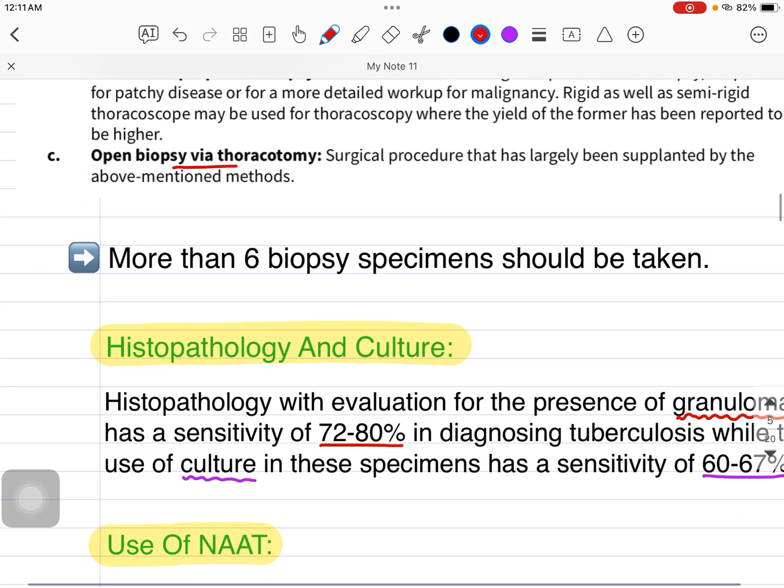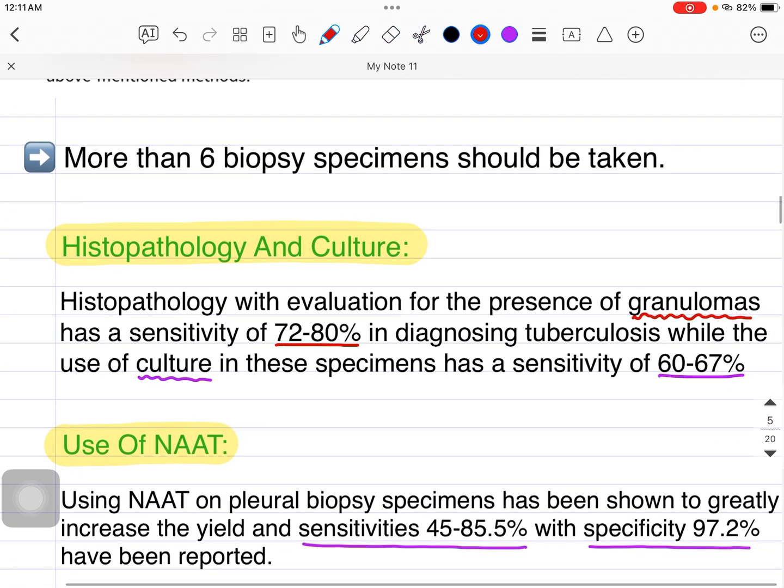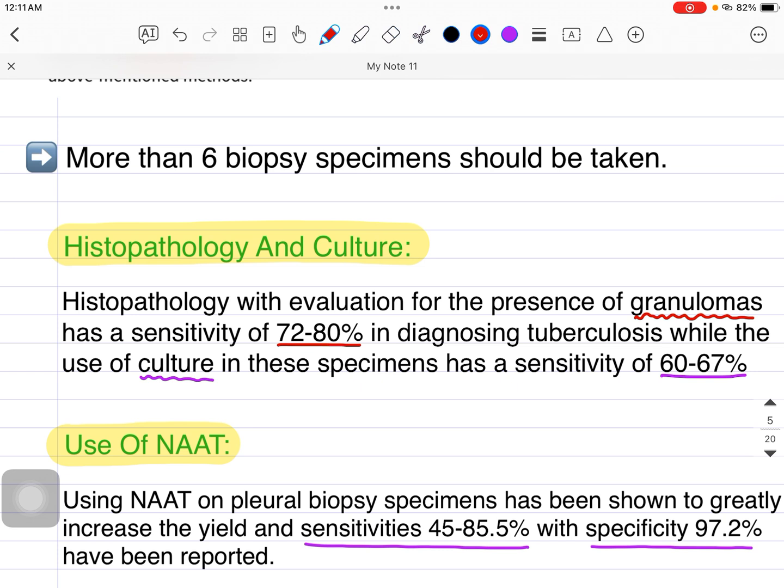How many samples should we get? More than 6 biopsy samples should be enough for the biopsy purpose, right? Then coming to the histopath and the culture. Once we have done the biopsy, we need to send it to the lab. Histopath with evaluation for the presence of granulomas basically.